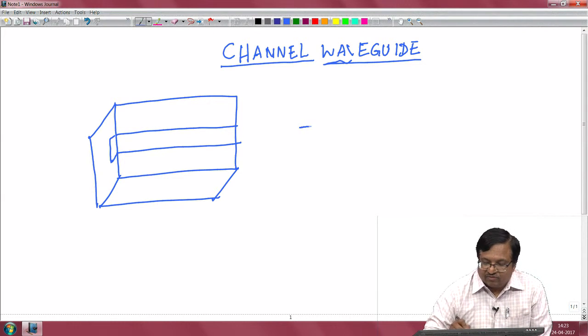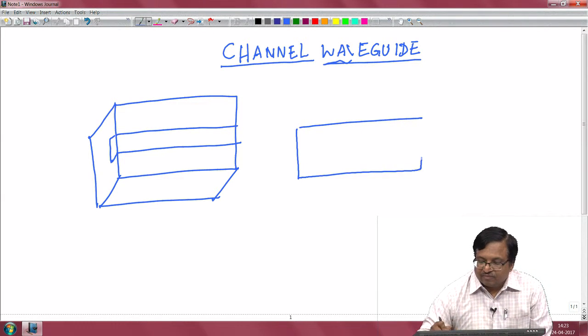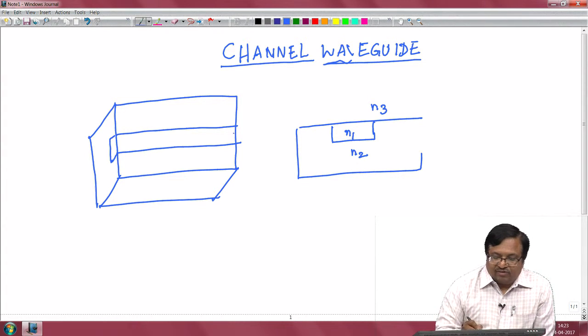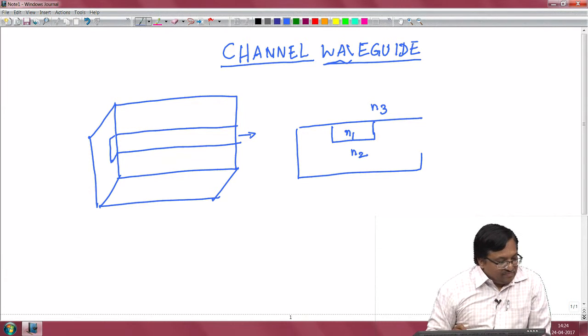The cross section will look like this. In this region the refractive index is higher than in the substrate. So, if you launch light into the input of this waveguide, you can expect the light to propagate in this waveguide and exit at the other end.